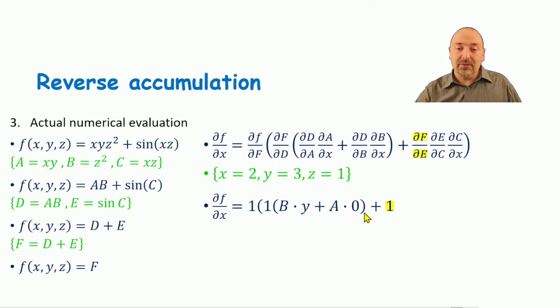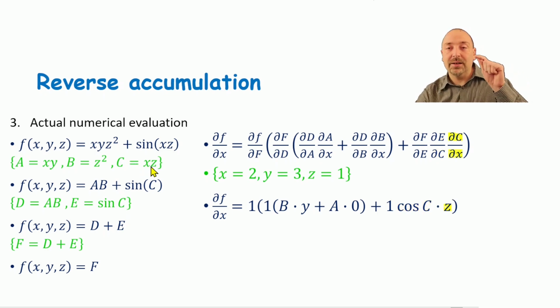Then you have the derivative of F in E. F is D plus E, derivative in D, you end up with 1. Derivative of E in C: E is equal to sine of C, so the derivative is cosine of C. And then you have the derivative of C in X: C is equal to X times Z, so you're left with Z.